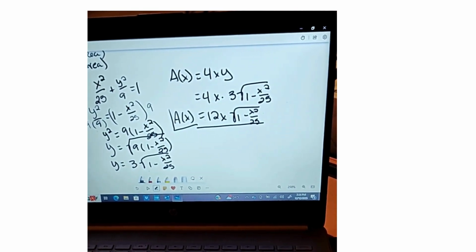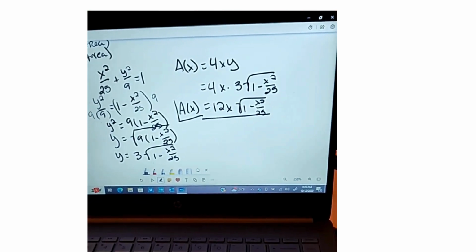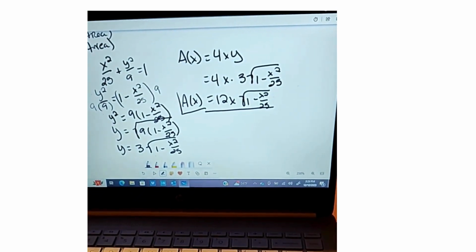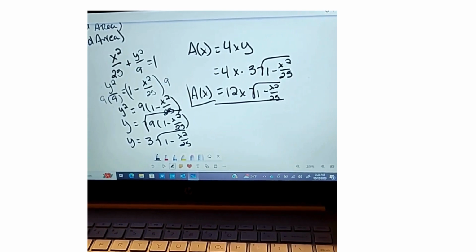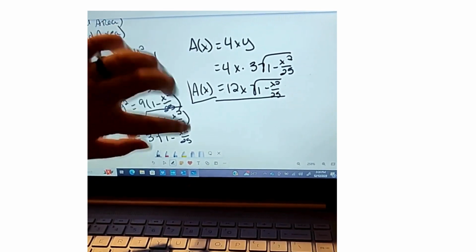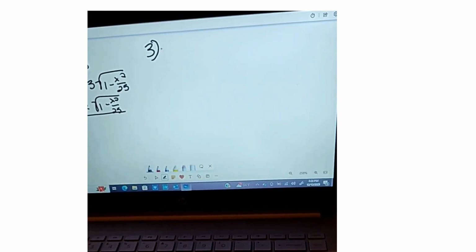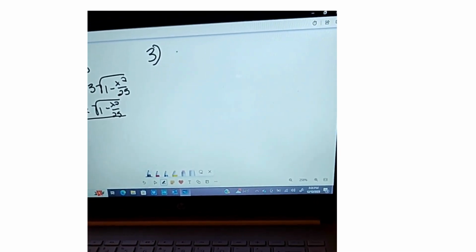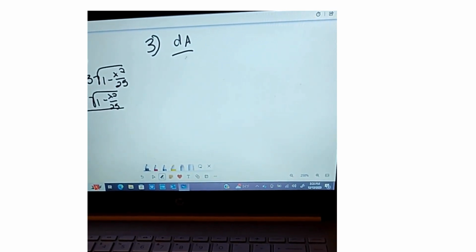Next part is to find the max area of the inscribed angle. You will have to take the derivative of A of x to find the max area, which is going to be a lot of work, I'm not going to lie. So part 3, we want to take the derivative.